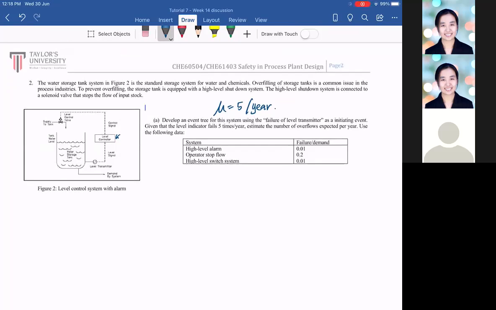So our events, let's put them as A, B, C. I like to do it that way. So A, the event is how we have this level controller system. Failure of level controller. Okay.